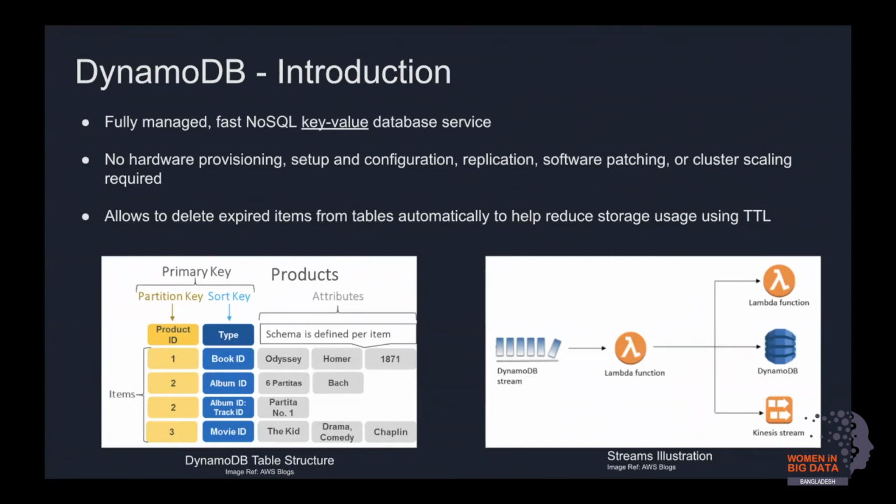You don't have to worry about anything. In the case of RDS, at least you need to provide the compute, like what kind of RAM and memory you need. In the case of DynamoDB, they simplify that thought process. You just define your schema: your partition key, your sort key, what kind of index it is, and you have your table there.